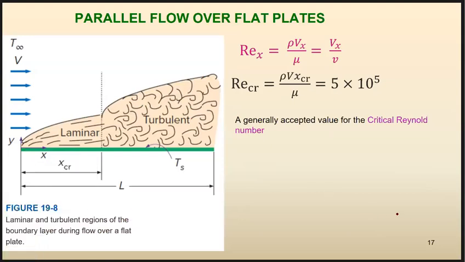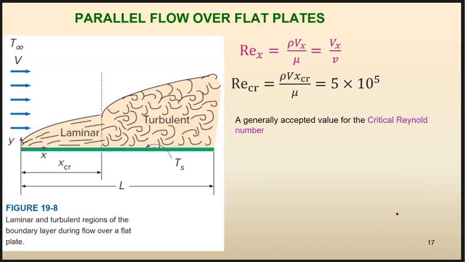But in internal flow inside a pipe with circular cross section, the critical Reynolds number was 2300, and above 4000 the flow was considered turbulent. Here it is different. The critical Reynolds number for external flow is 5 times 10 to the 5.